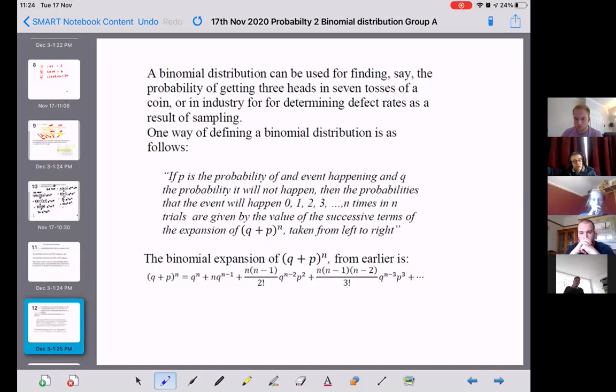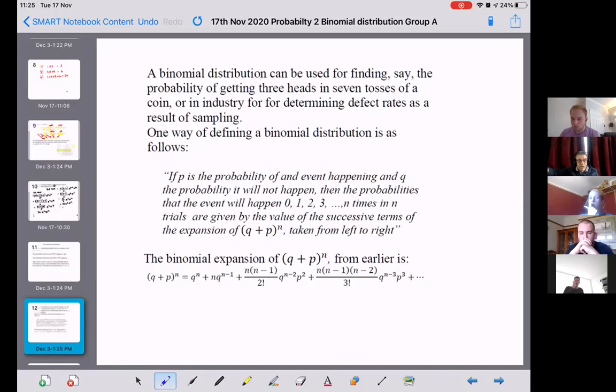Hence, that's why we've learned how to expand Q plus P to the n. We learned it with a plus x, but that's beside the point. Note that the probability of the event not happening, Q, is first in the expansion, and the probability of it happening, P, is second in the Q plus P term.